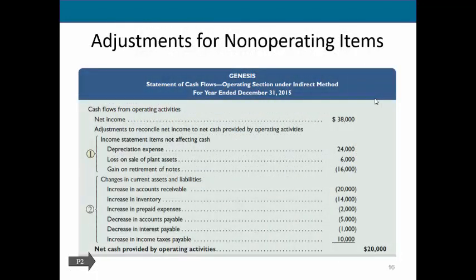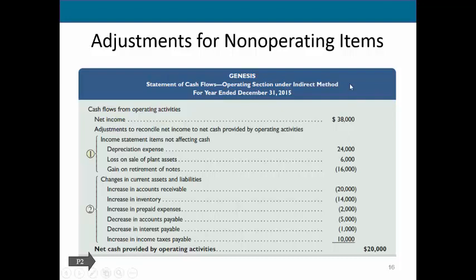So let's put all of that together. We have our net income number, adjust for any of our non-cash items, and then we have our calculations for changes in our current assets and current liabilities. And that gives us our net cash provided from operating activities of $20,000. So what this is telling us is although we earned net income of $38,000, that included some non-cash items.